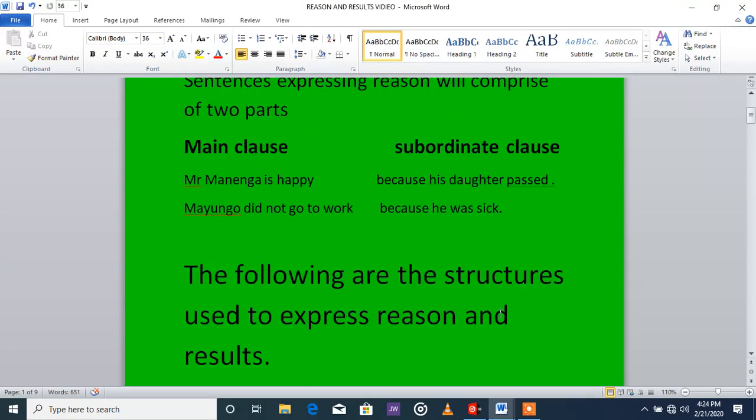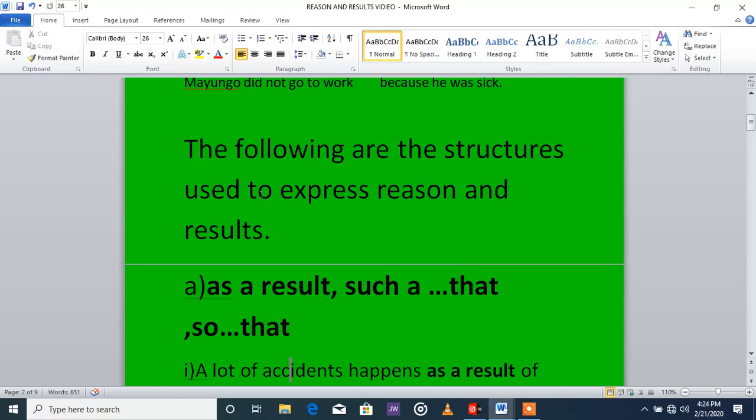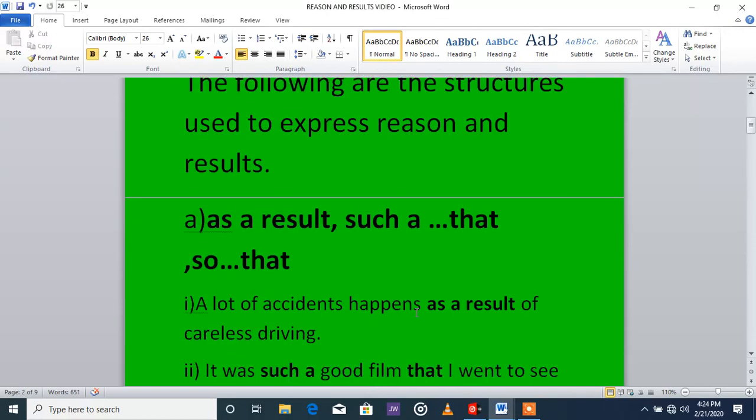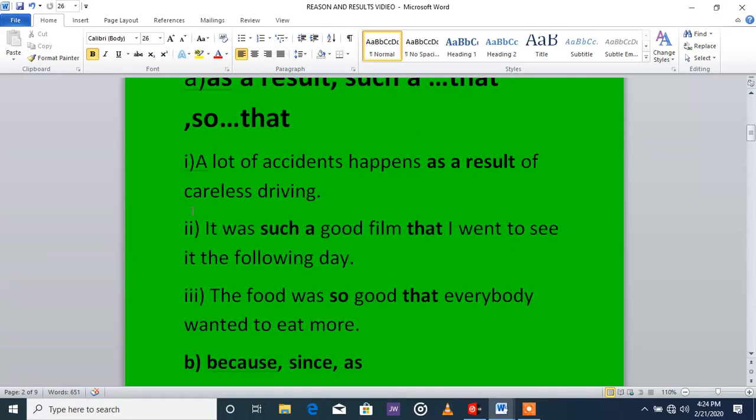So with that one, now let's look at the following. The following are the structures used to express reason and result. We have as a result, and then we are going to see how we use such a that, and how we use so that. Let's look at the following examples. The first one says: a lot of accidents happen as a result of careless driving.